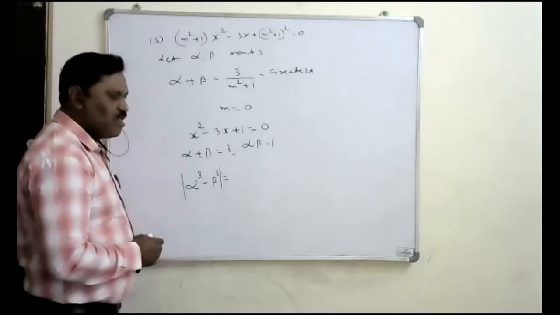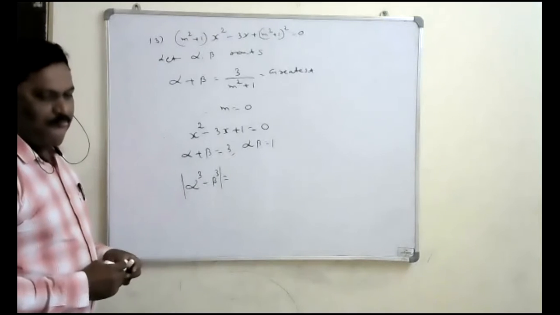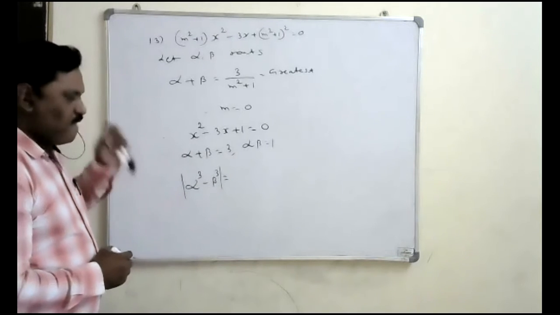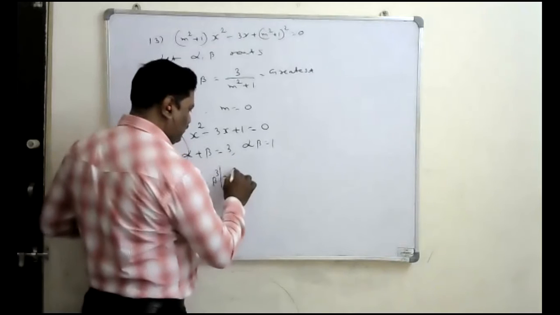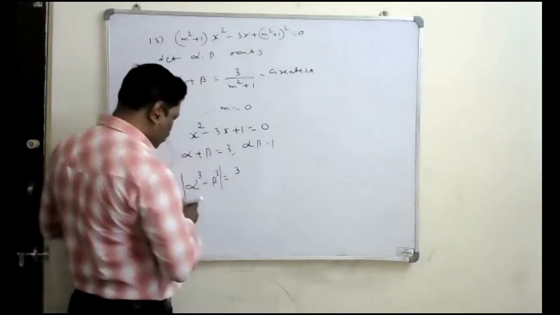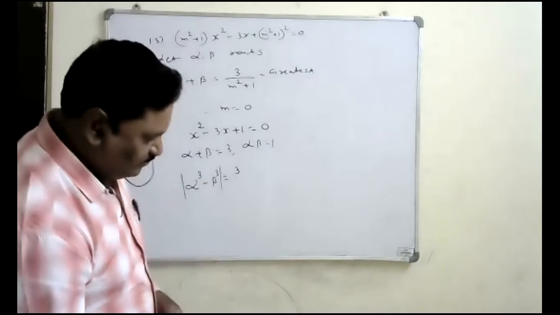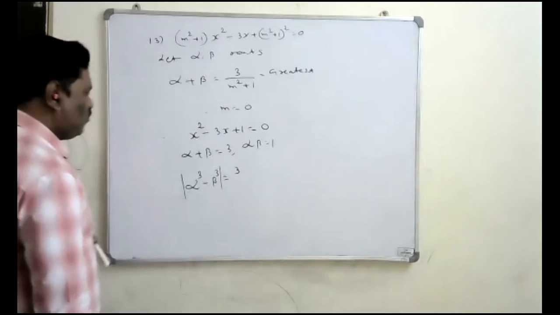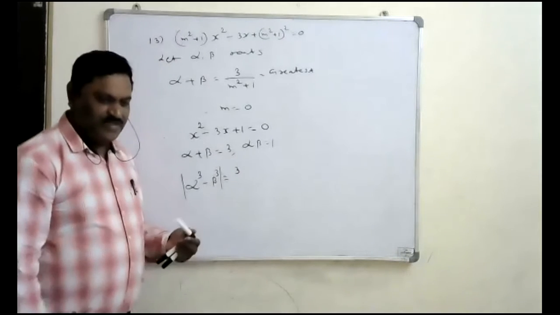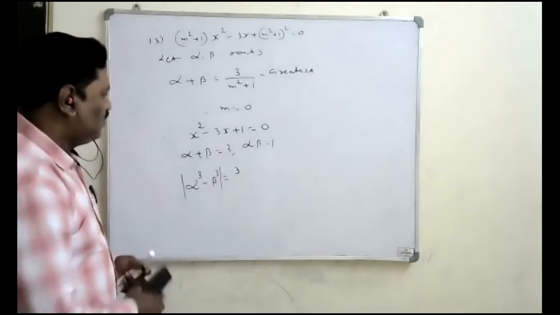Tell me, how do you write alpha cube minus beta cube? Alpha plus beta whole cube minus 3 alpha beta (alpha plus beta) is the formula for alpha cube plus beta cube. Sir, alpha minus beta whole cube.